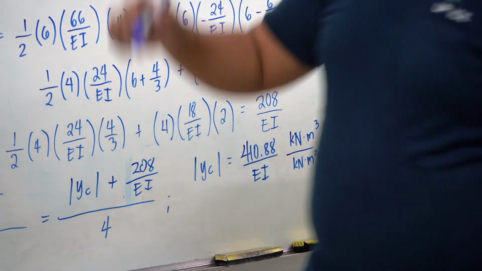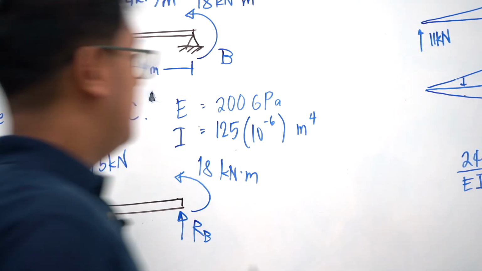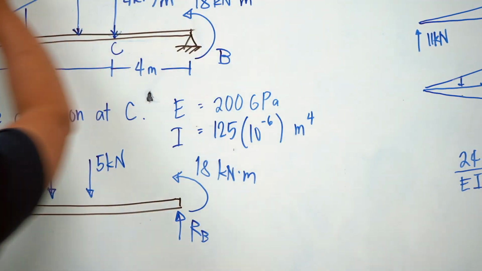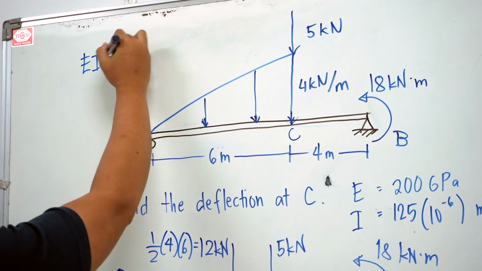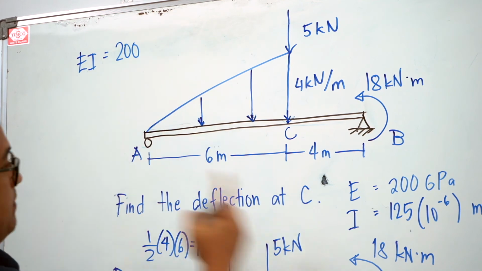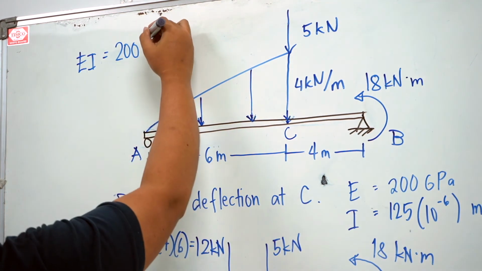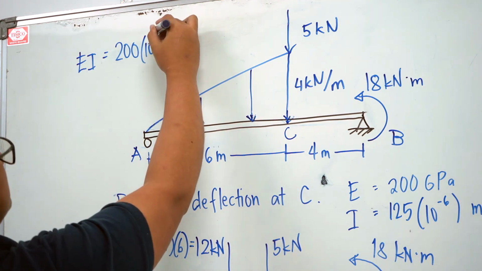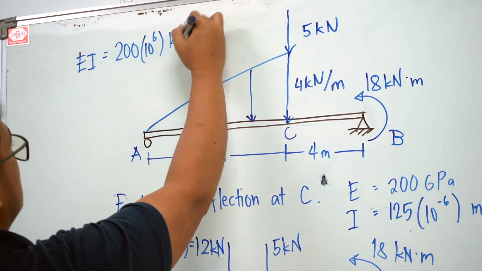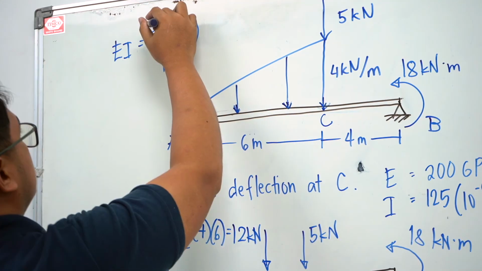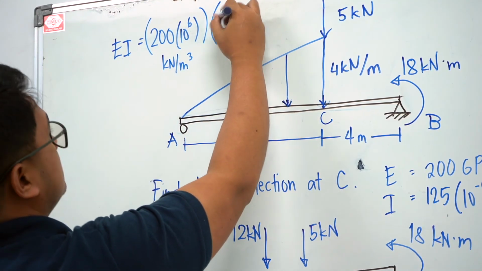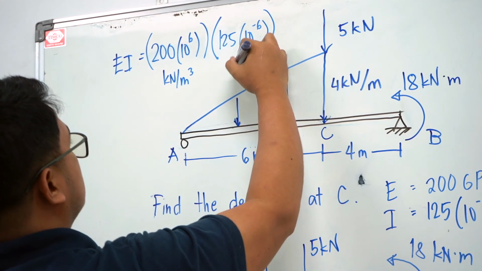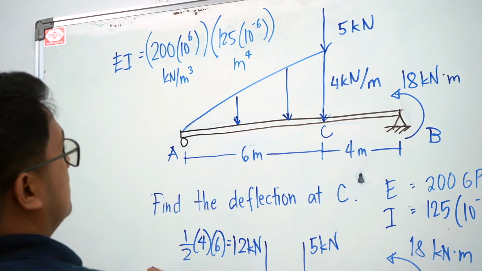To do that, we need to check the units of E and I. So EI is 200 GPa, and GPa is times 10 to the 6 kilonewtons per square meter, multiplied by I, which is 125 times 10 to the minus 6 meters to the 4th.